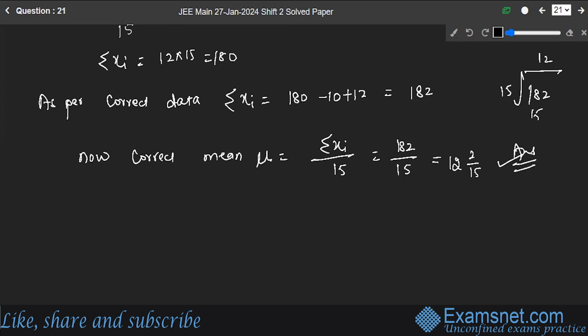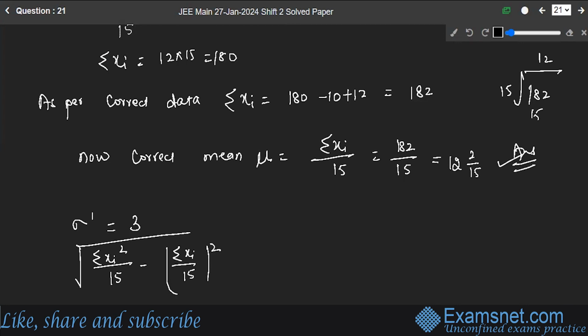Now in the question, you are given that the incorrect variance is equal to 9. What is the formula for that? That is equal to sigma xi square upon 15 minus sigma xi upon 15 whole square. This is for the incorrect one.